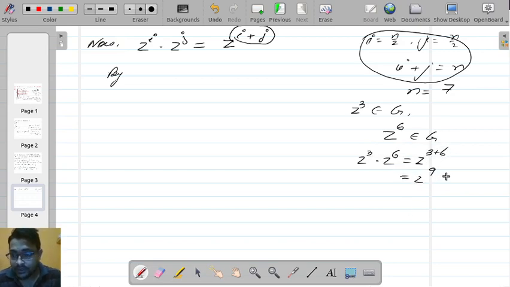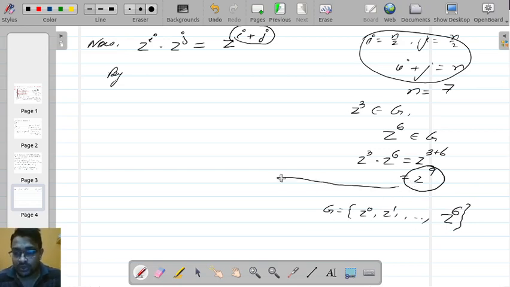But by the way I have written G, it is not obvious that z to the power 9 is inside G, because G will contain z to the power 0, z to the power 1 up to z to the power 6, since n is 7. So z to the power 9 is not obviously an element inside G, but we can actually show that it is. Why? Because z to the power 9 can be written as z to the power 6 plus 3.